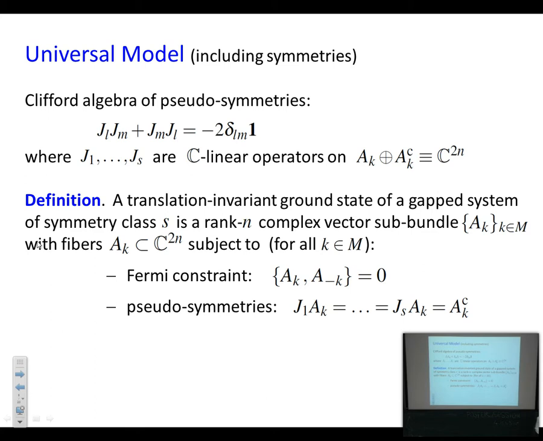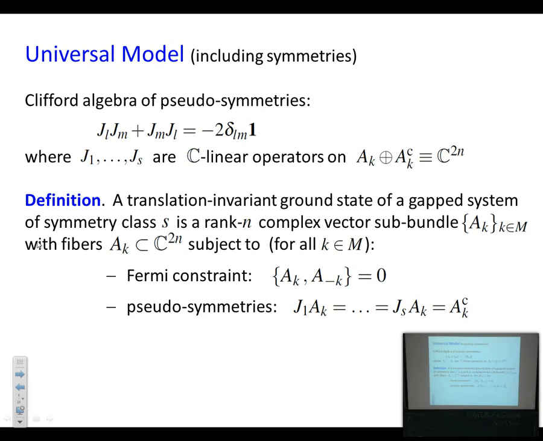That's the object to study then for a mathematician. It is a complex vector bundle. More precisely, it's a sub-bundle. So there's a total space. There's a trivial vector bundle of momentum space with constant fiber of dimension 2n.